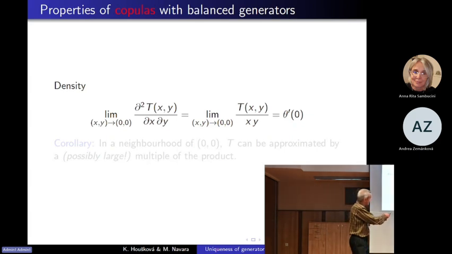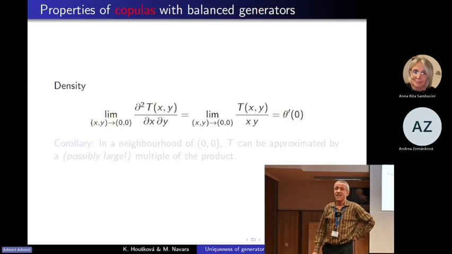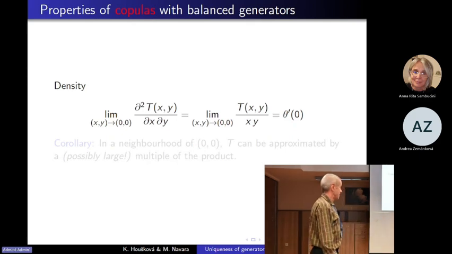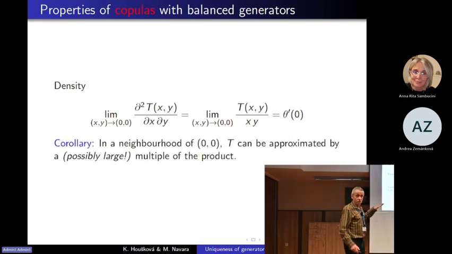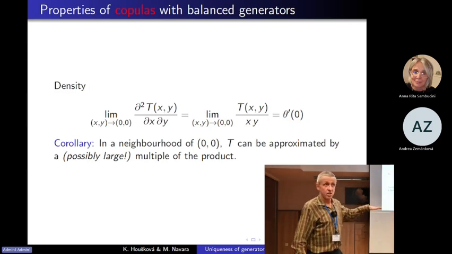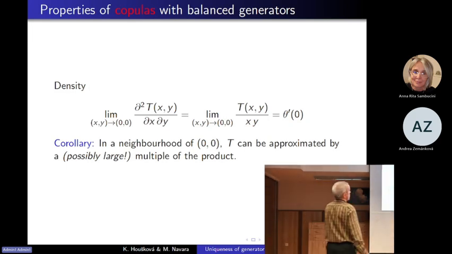And this is exactly that magical non-zero finite derivative of the balanced generator at 0. So the conclusion is that in the vicinity of the origin, you may approximate such a T norm by a product multiplied by a constant.